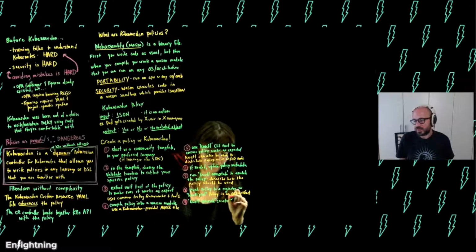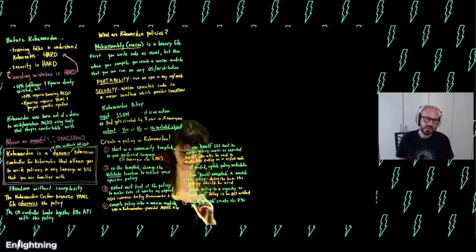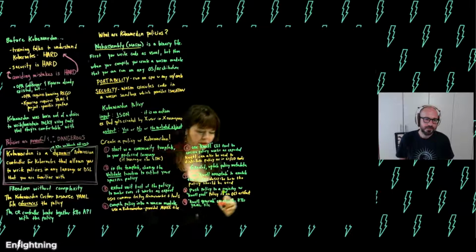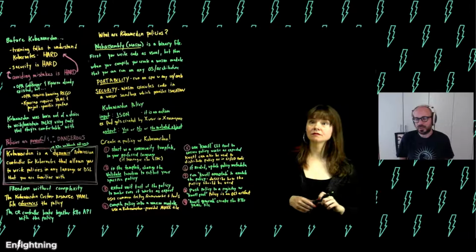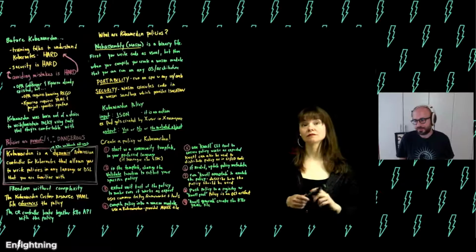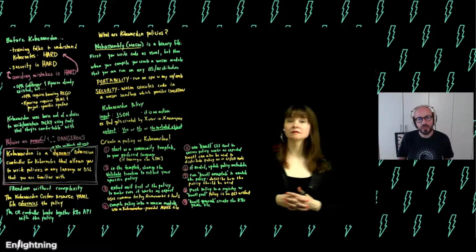We have two types of custom resources, and you can decide which type you want to generate. You can have what we call a cluster policy, which is capable of looking into cluster-wide resources.